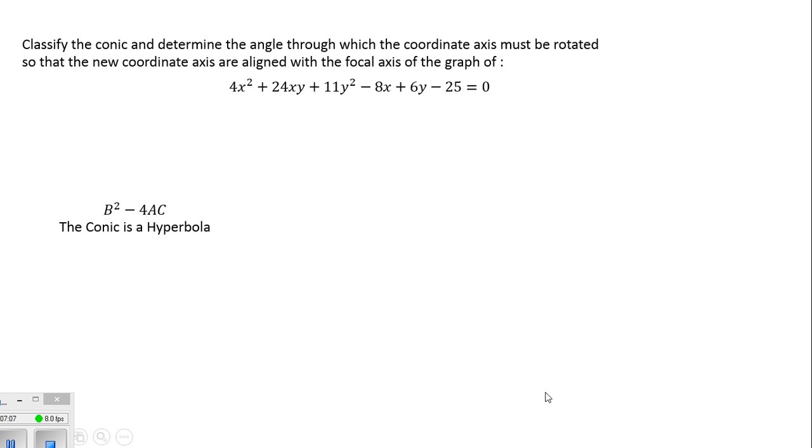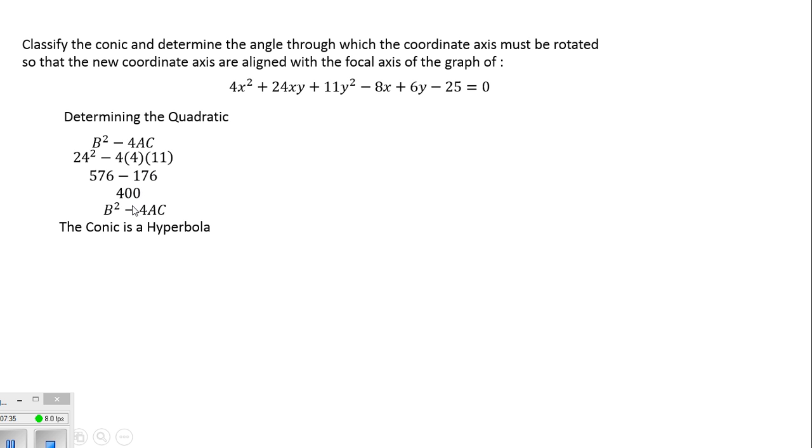Okay, so we're given a conic here. We want to determine, first off, what type of conic it is, and then we want to see what angle of rotation is going to be required to put this in line with the coordinate x and y axes. So let's go through. We'll determine the discriminant value b squared minus 4ac.